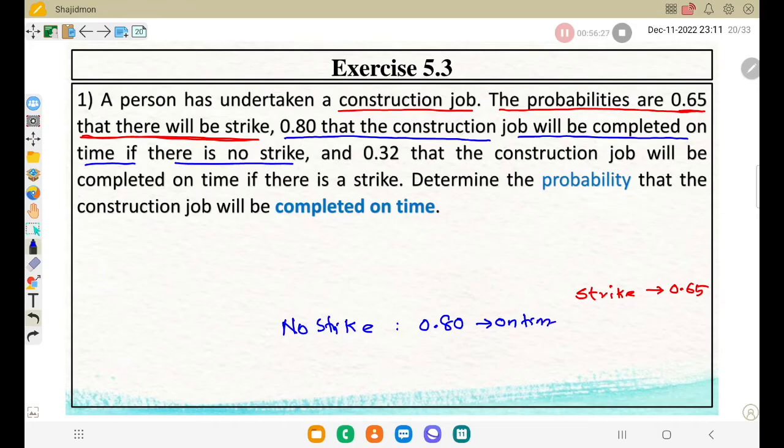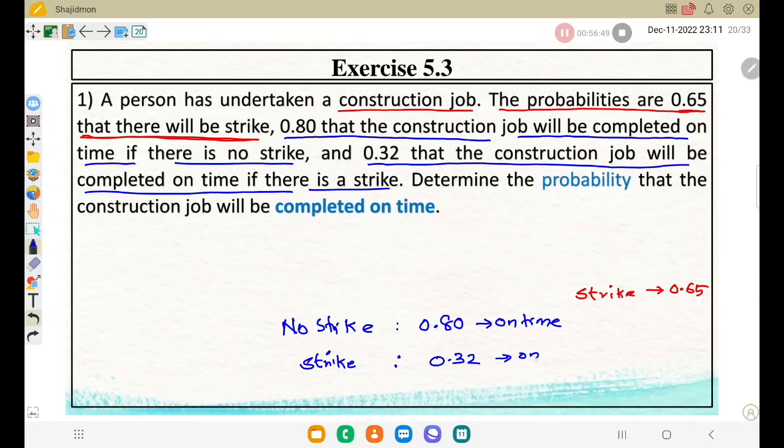Now 0.32 construction job will be completed on time if there is a strike. So if workers are not coming, that means if there is a strike, 0.32, that means 32% of work will be finished on time. Hope you understood.